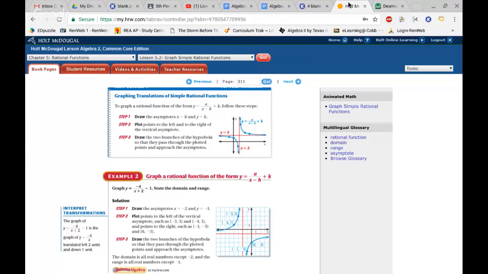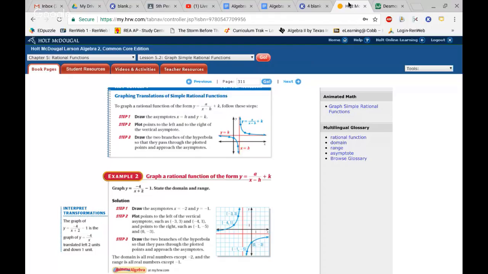The vertical asymptote is going to be your denominator. So that's going to be x equals h and y equals k.